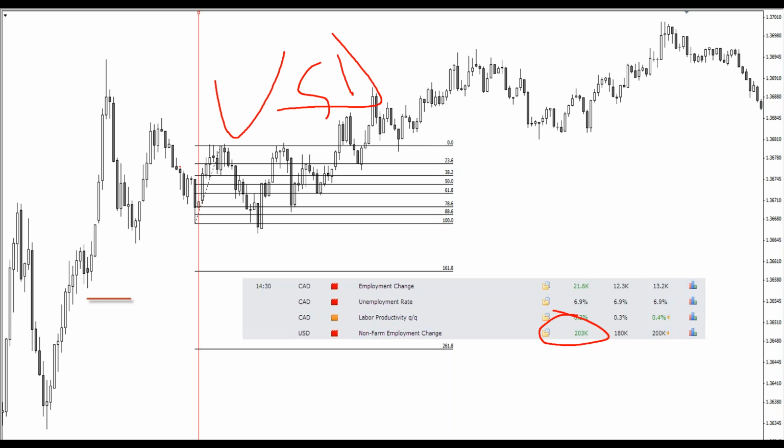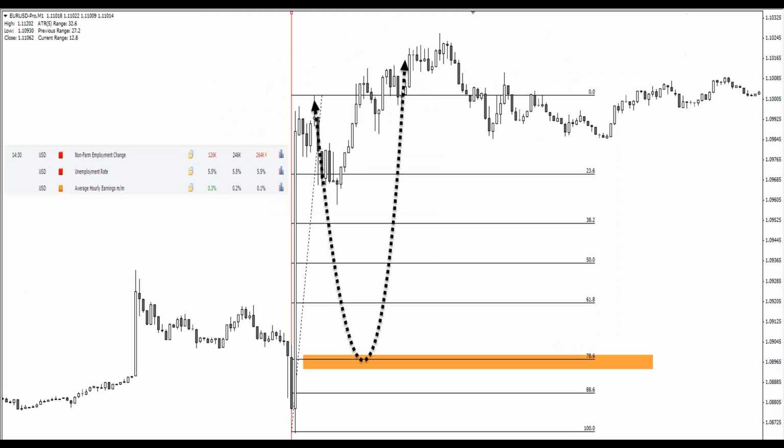Okay, good numbers on dollar, let's say this was dollar Swissy, so the numbers were good, it came to 78.6, stop loss goes below the 1 minute candle, and spike to the upside. So you need to be very fast and nimble on your fingers because NFP is volatile.